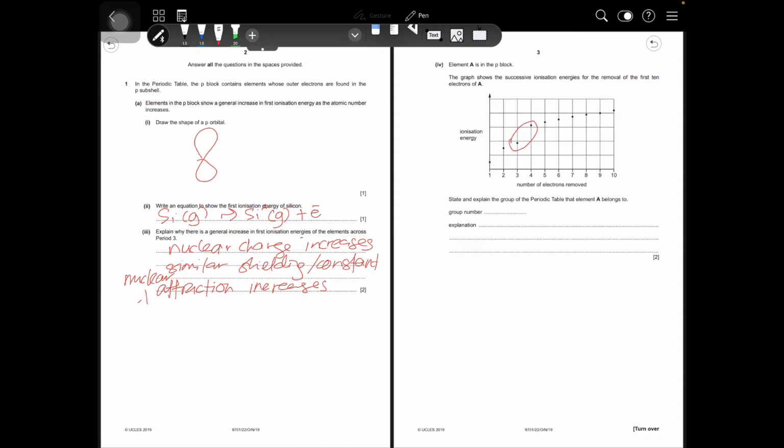That means that the third electron is removed from the outer shell and the fourth electron is removed from an inner shell. So since it has 3 outer electrons, this element is in group 3 or group 13, because there is a large increase between the third and the fourth IE.